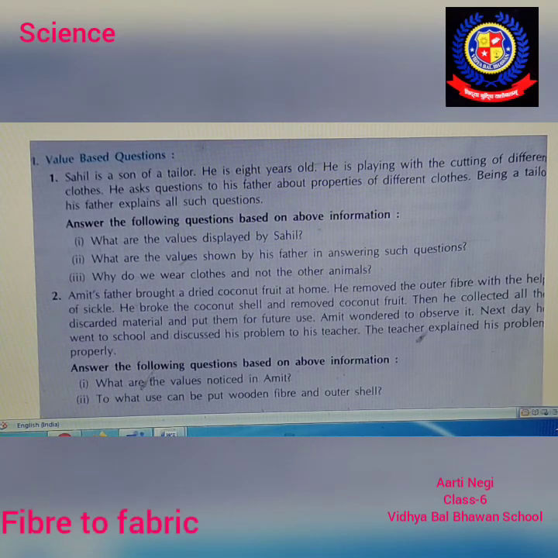He is 8 years old. He is playing with cuttings of different clothes. He asks questions to his father about the properties of different clothes. Being a tailor, his father explains all such questions.